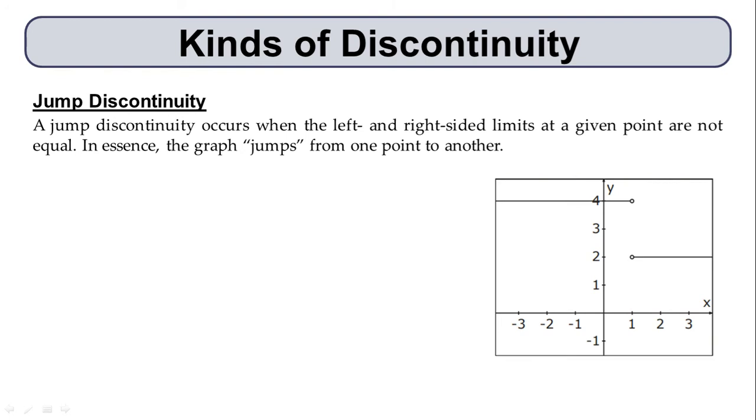So, a jump discontinuity occurs when left and right side limits ng ating function hindi mag-equal. So, ito palagi natin dinidiscuss to, no? So, yung left, papunta rito, right, papunta naman dito. Hindi magparehas yung kanilang value, kaya nagkakaroon tayo ng jump discontinuity. Okay?